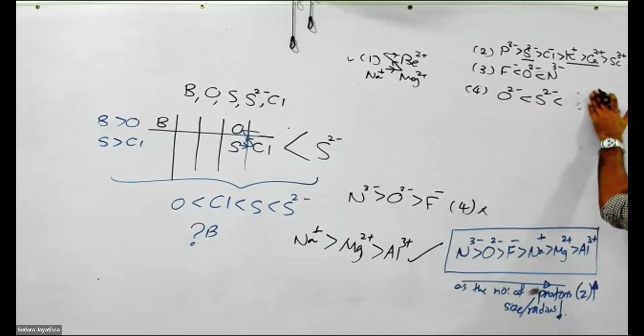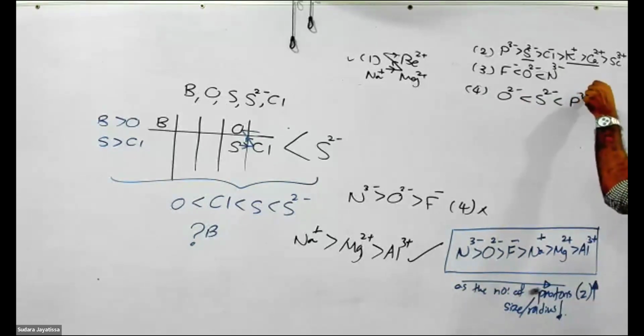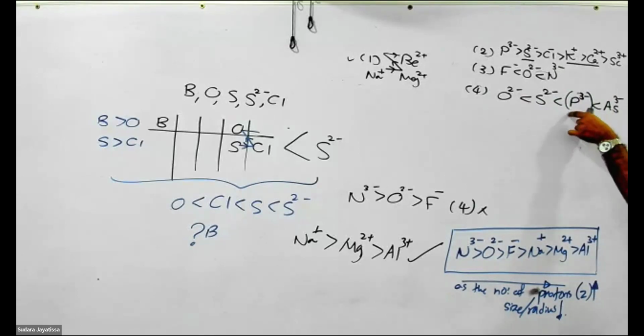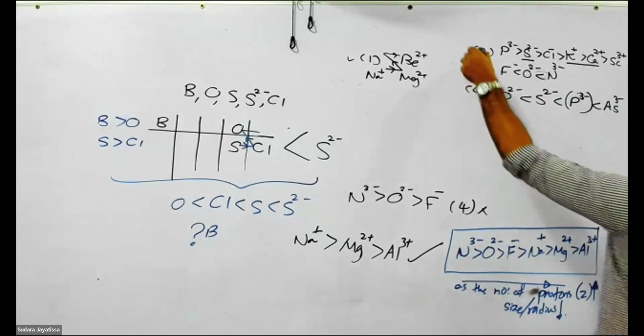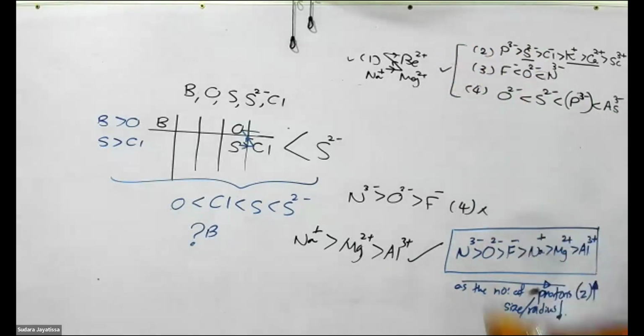You can write it like this: P3 minus, in brackets, and say arsenic 3 plus is larger than that. That way it's clear. They haven't given you P3 minus, but P3 minus is the middle one. Okay? Do you get the idea? So these are the corrected versions for the other wrong answers.